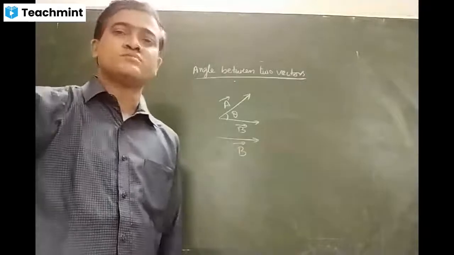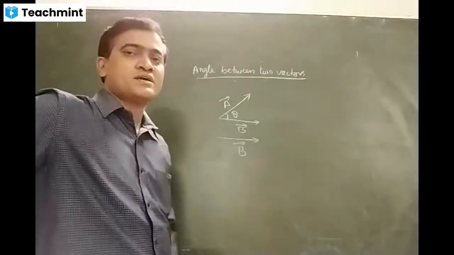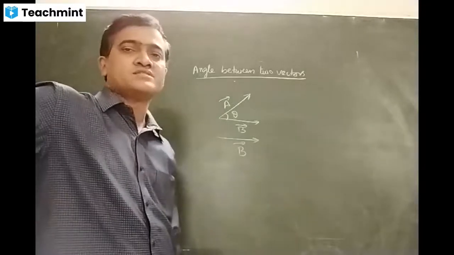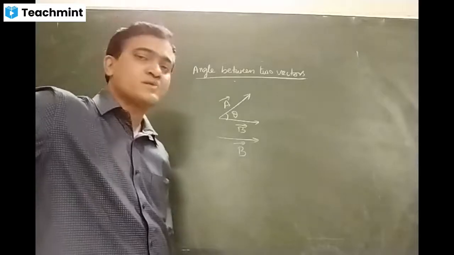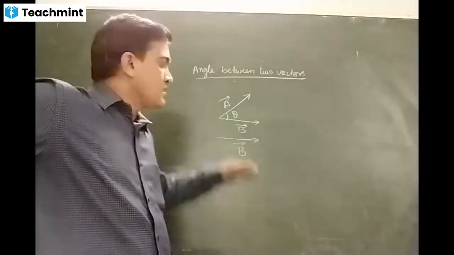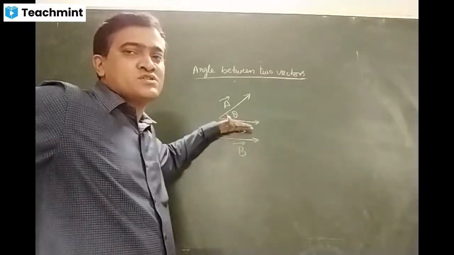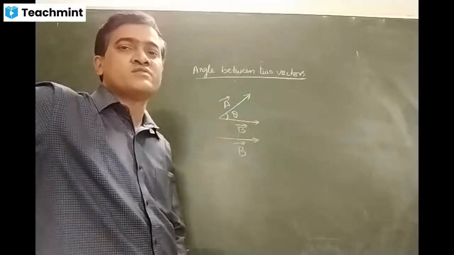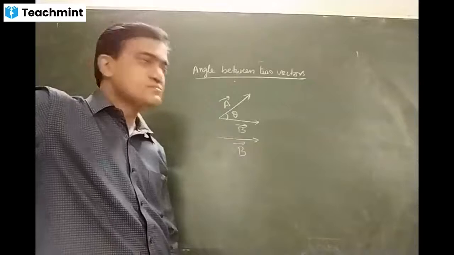You can assume it either way. You can assume B bar as the first vector and A bar as the second vector, and do it in the reverse way also. But here I am assuming A bar as the first vector and B bar as the second vector. I have moved the second vector B bar parallel to itself such that its tail coincides with the tail of the first vector.